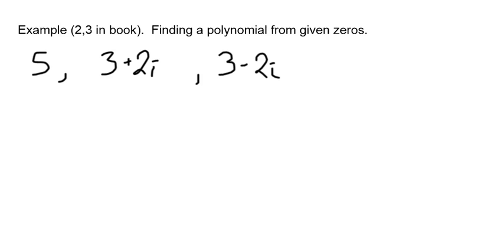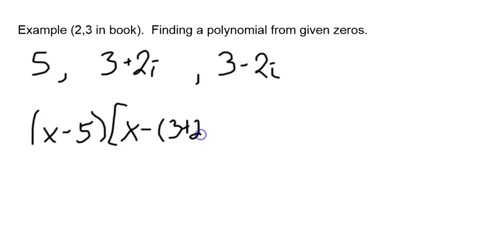So if x equals 5 is one of our zeros, we can write this in factored form as x minus 5. If 3 plus 2i is one of our zeros, we can write this as x minus (3 plus 2i). And a similar idea for 3 minus 2i.